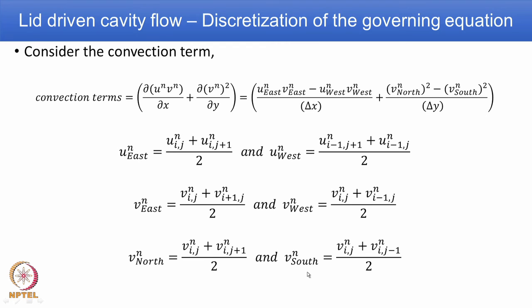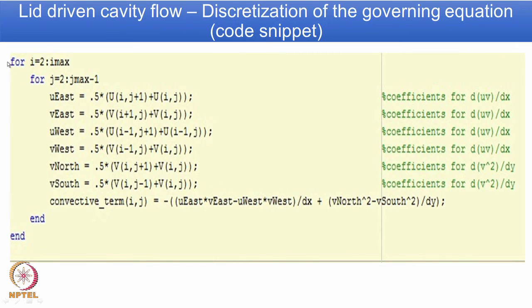So, once we define all this, we see the corresponding code. For I running from 2 to I max and for j running from 2 to j max minus 1, because on the top, that is the last j, we have a boundary condition implemented. So, it is only up to j max minus 1. u east, v east, then u west, v west, v north, v south, all are individually evaluated based on the expressions that we have defined in the previous slide.